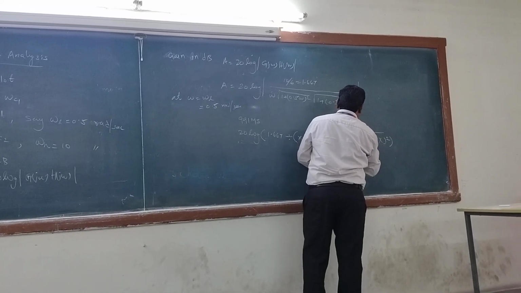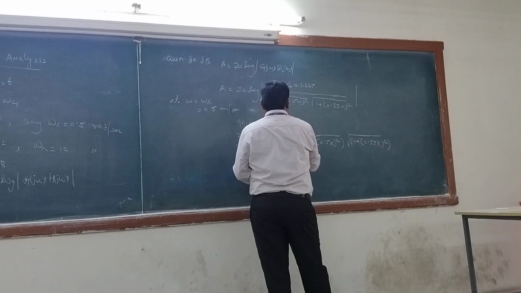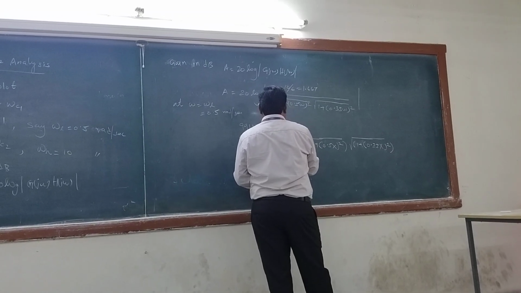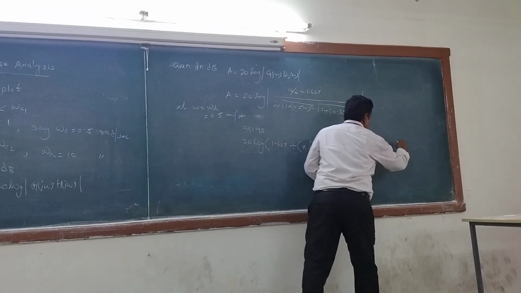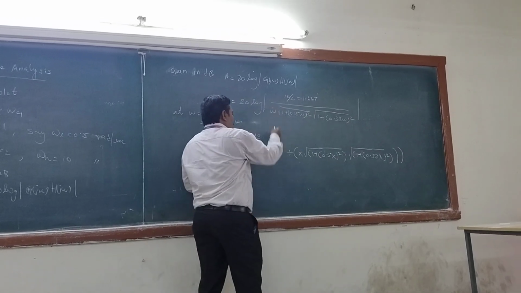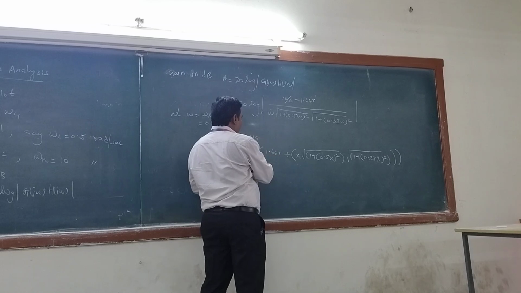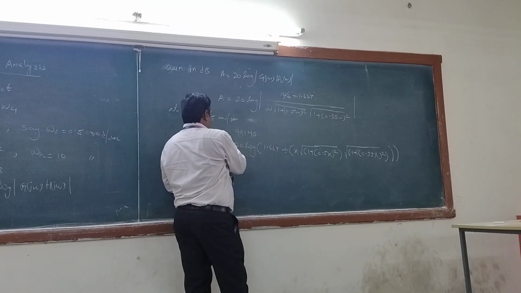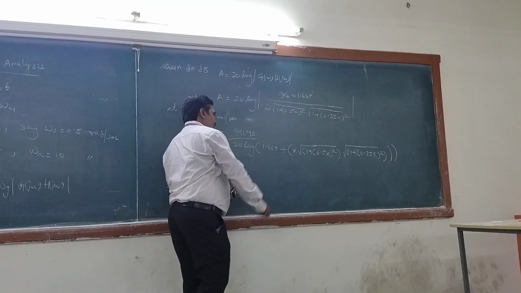Close this bracket. Here we opened two more brackets, so now close them. Now the expression is typed like this using the Casio 991MS calculator.